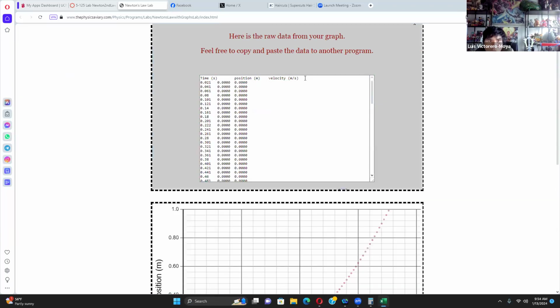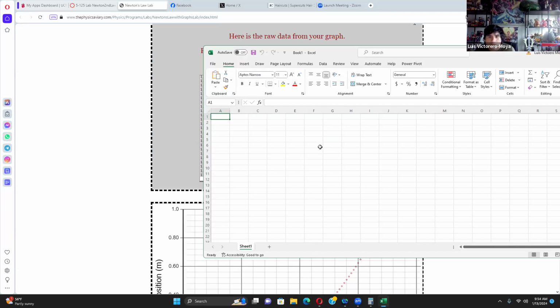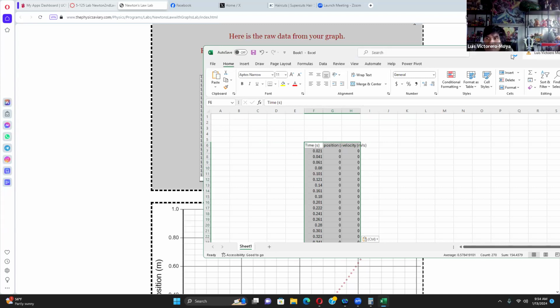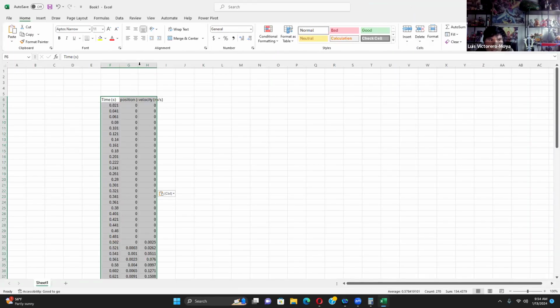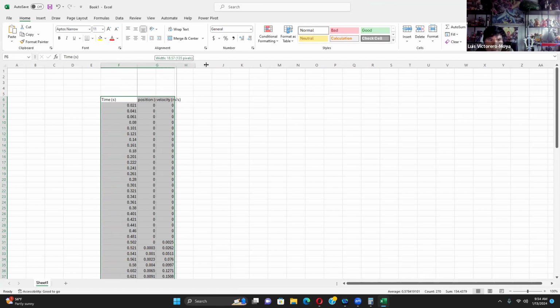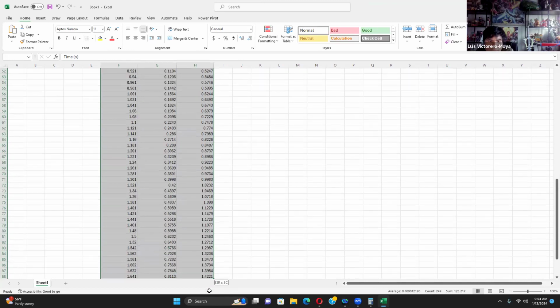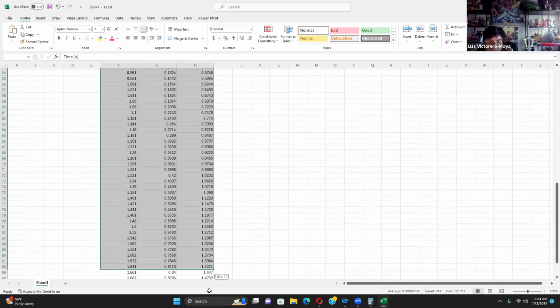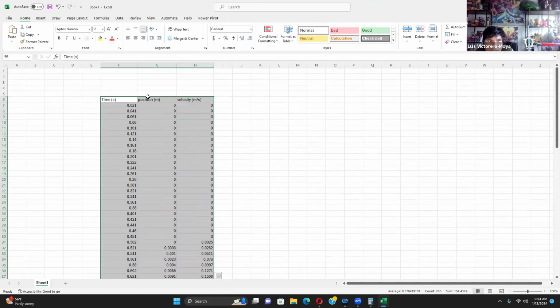So you are going to copy all this table here. And it's already given to you, so the columns are already separated with the right units. So it's pretty useful to do that. Keep the number of sig figs in there.